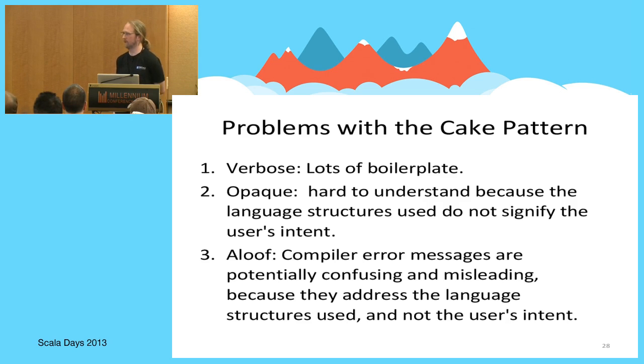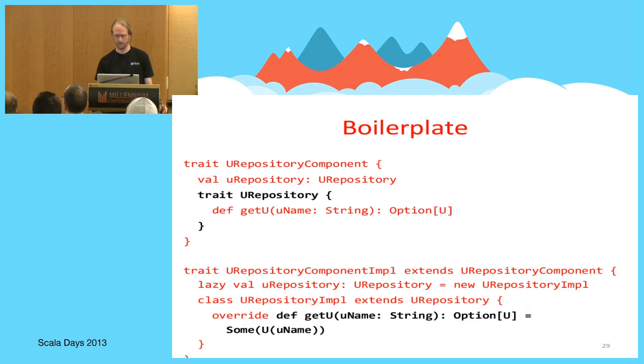We're using these underlying language structures in Scala and they're not really signifying our intent. As well as that, there's a lot of boilerplate. And when you do get errors, the error messages are also confusing because the error messages are going to address the underlying language features you're using and not your intent.